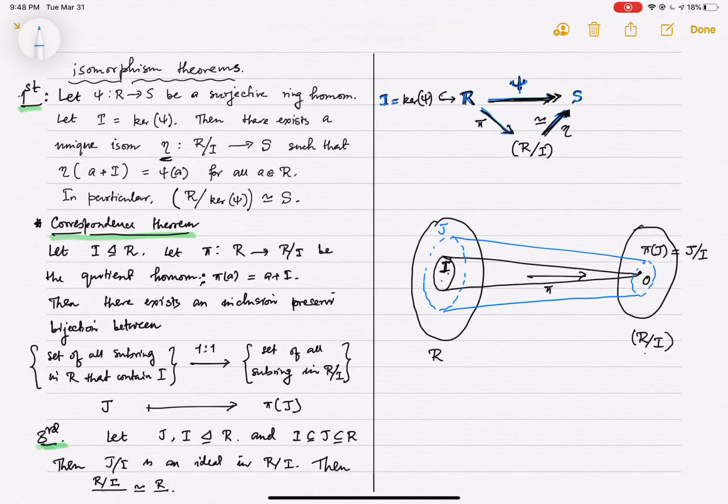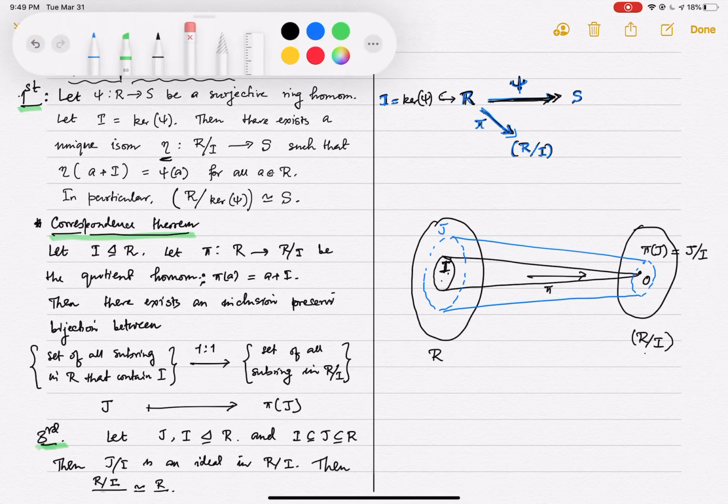I is going to be an ideal in R because the kernel of a homomorphism is an ideal. You can construct the quotient ring R mod I, and you have a homomorphism called the quotient map from R to R mod I. Again, double arrow means surjective map. So that's the setup.